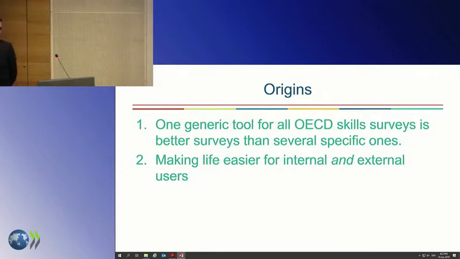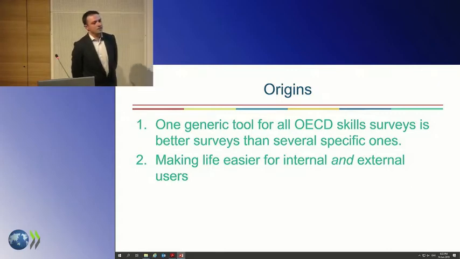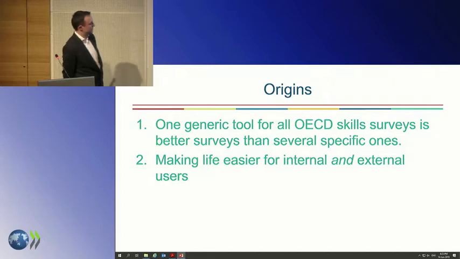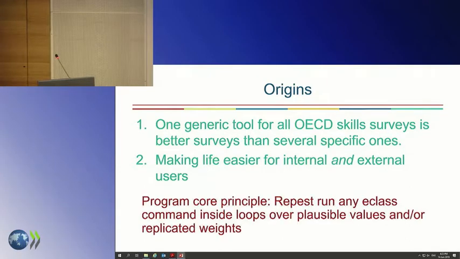So we wanted to have some generic tool that would be used by everyone at the OECD working on the international large-scale assessments, and I mean PISA, TALIS, PIAAC, and it's also working for TIMSS and PIRLS. Before that, you had a different routine for every survey. That was kind of annoying. So we have something universal, and the reason why it's universal is because the method is universal.